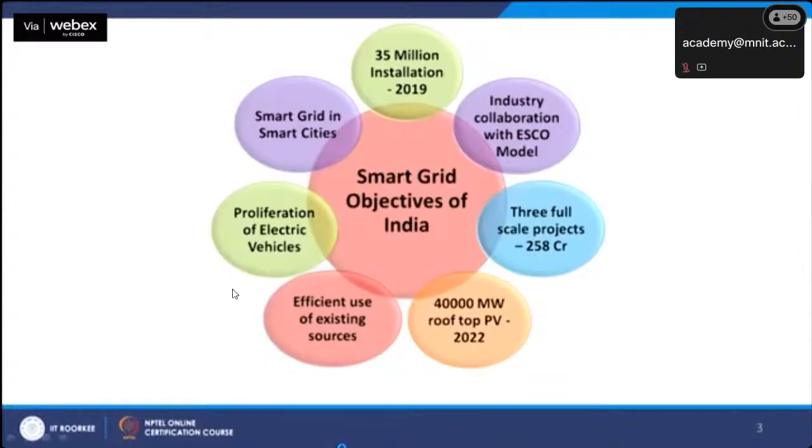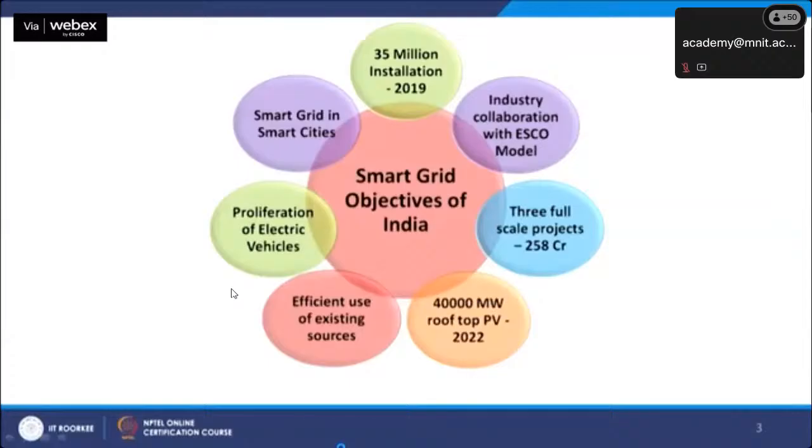Industry collaboration with ESCO model, a very new initiative where energy efficiency schemes are adopted by the distribution utilities. 3 full-scale projects on smart grid executed by spending 258 crores by now. 40,000 megawatt rooftop PV expected by 2022. Effective use of existing sources. Proliferation of electric vehicles, they are coming in a big way. Smart grid and smart cities are the hot topics.